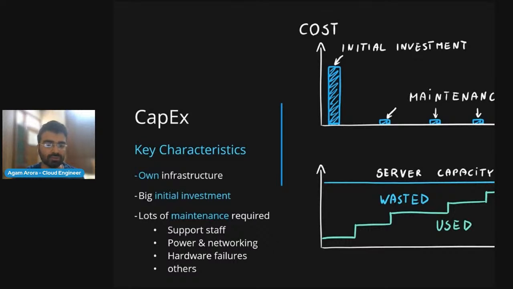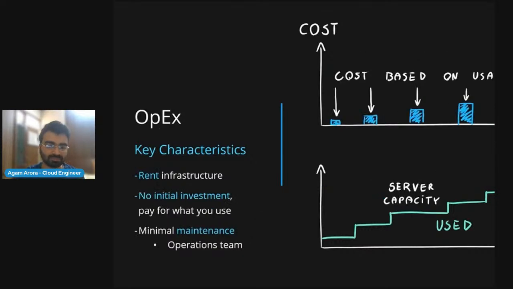You also have to take care of hardware failures, software failures, and employ staff for that. You do not have any third party vendor managing it. Once you buy the stuff, you are on your own and you have to manage it yourself. That is yet another cost.